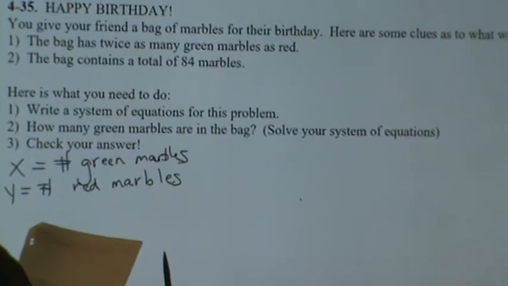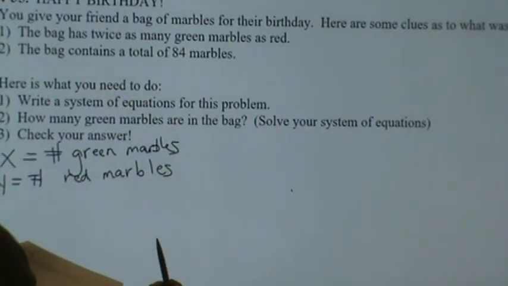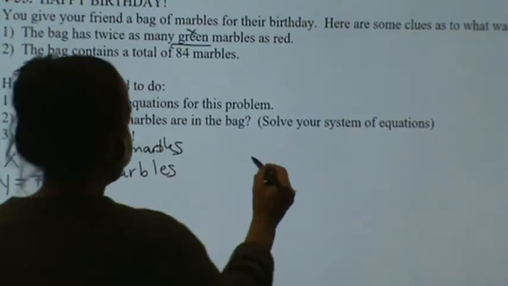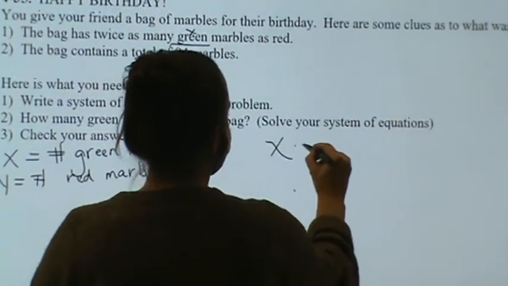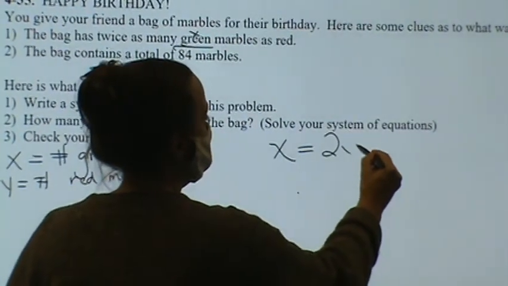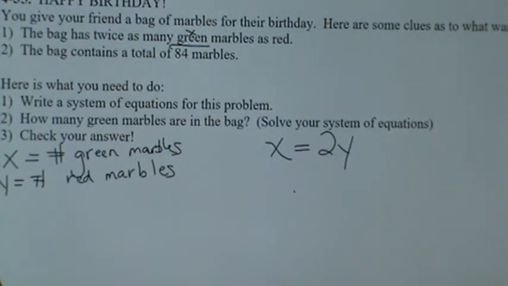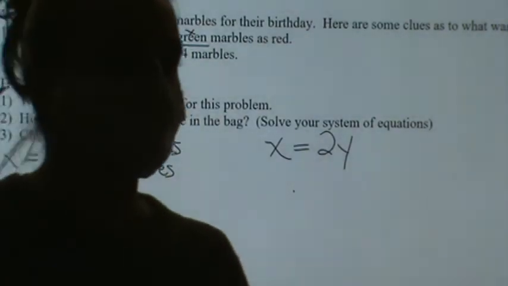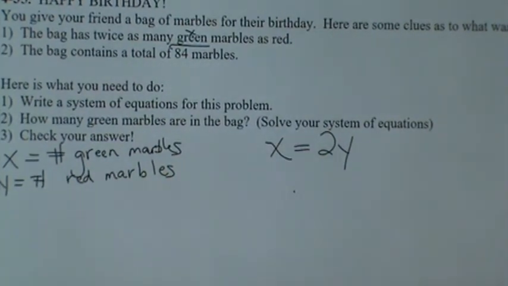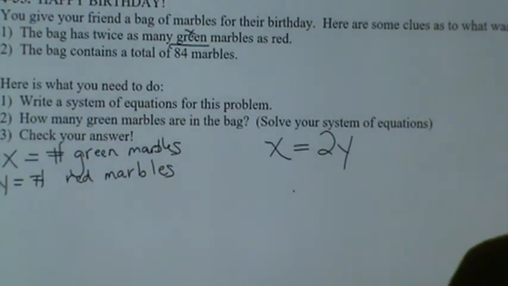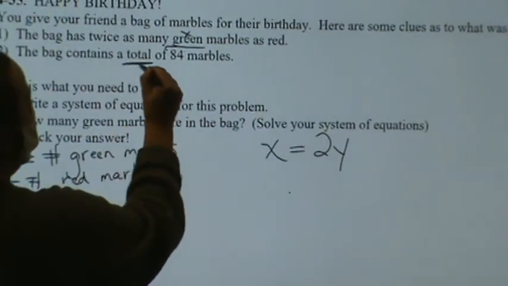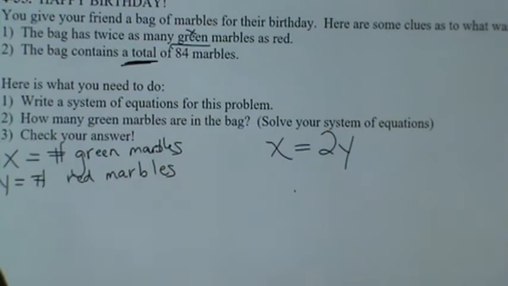We let x equal our greens, so green is our x. We're going to say green is twice as many reds. That's all I'm doing. So if I had 5 reds, I would have 10 greens. That's what that means. The bag contains a total of 84 marbles.